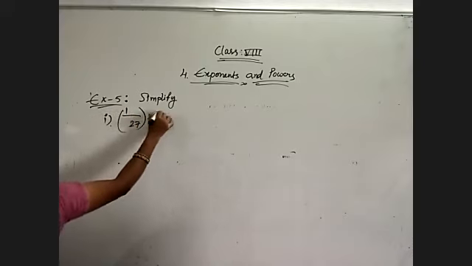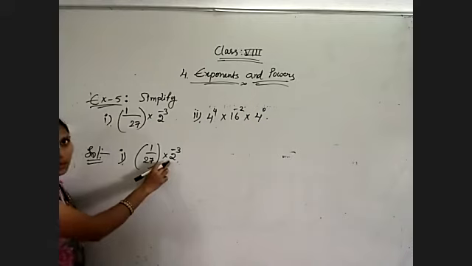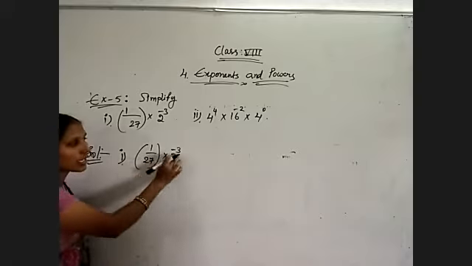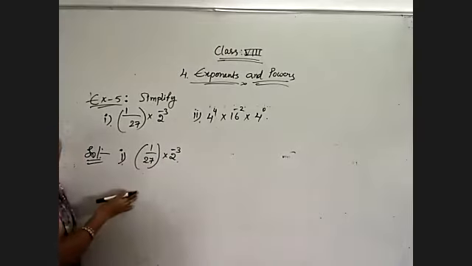In this case, my first question is 1 by 27 into 2 to the power of minus 3. Just observe here. Can we write 27 as a power of 2? No. But we can write 27 as 3 cube. Means exponents may be equal in this case. First of all, simplify the question, then we can understand. Whatever number is not given in exponential form, write its exponential form.